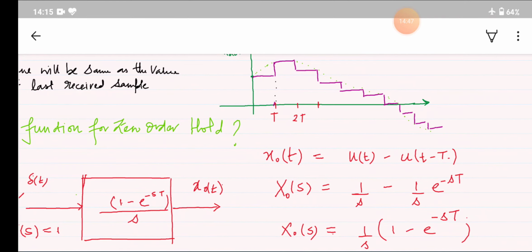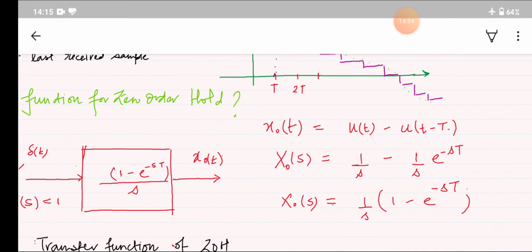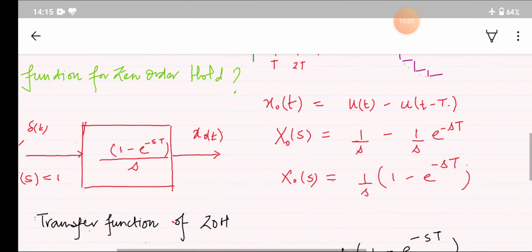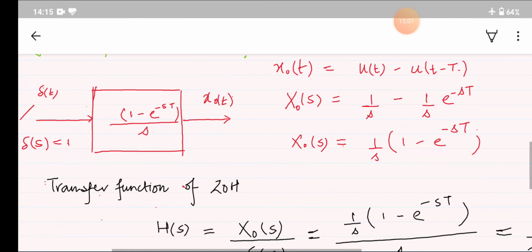So for the first sample x0(t), we have a value as u(t) minus u(t minus T). After taking Laplace on both sides, the output x0(s) is equal to 1 by s into 1 minus e to the power minus sT.